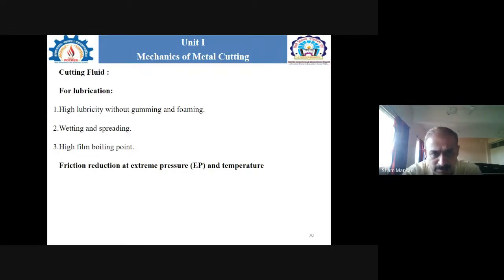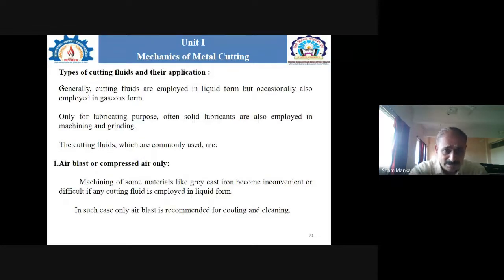Taking into consideration the purpose and the nature of the workpiece material, we have to look for different characteristics or properties. Whenever the tool is selected, one more point is friction reduction at extreme pressure and temperature. That is also the third purpose for which we consider different types of properties.